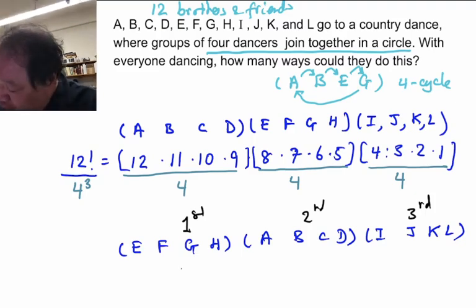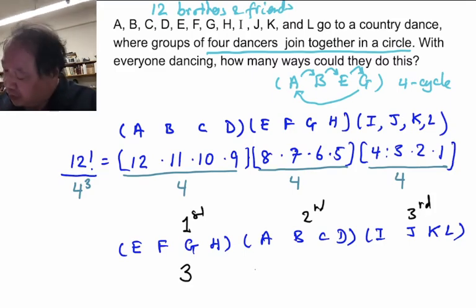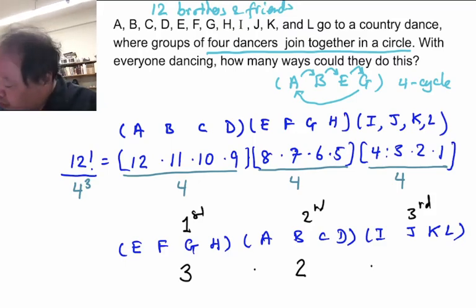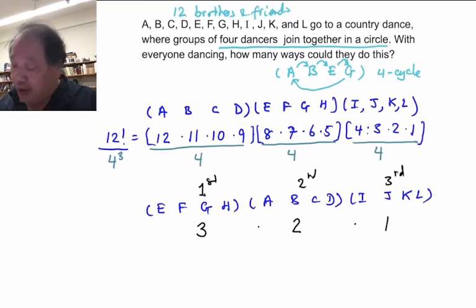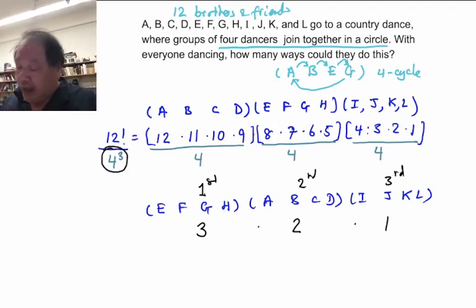Any of the 3 could have been in the first position. That leaves 2 left over. Any of the remaining 2 could be in the second position. That last one is here. And so we have overcounted by 3 times 2 times 1. So the first type of overcounting was the 4 cubed term. And now we have a second overcounting of a 6.